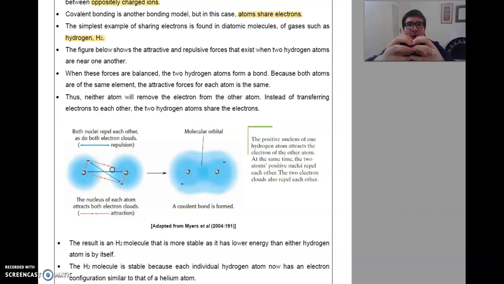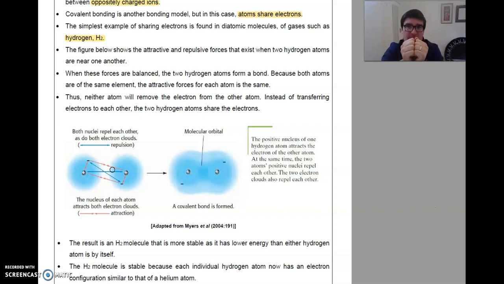Once they form that bond and they are at that minimum potential energy, and we get the formation of the molecular orbital, like we showed in the previous video, at that point the repulsive forces and attractive forces are balancing out. So in other words, the attractive forces and the repulsive forces are the same in strength. The moment I try to force them closer together, what happens then?